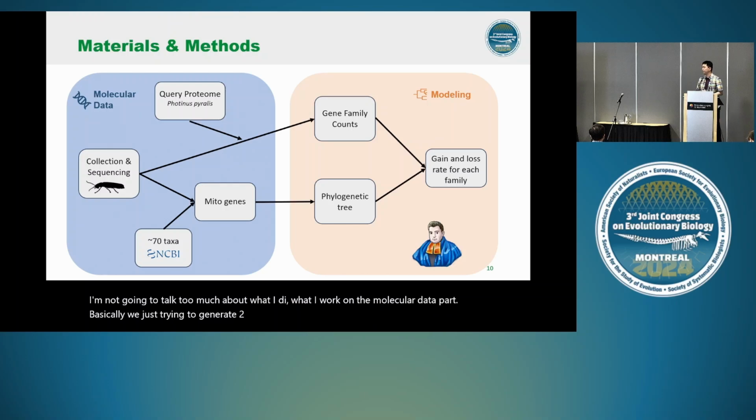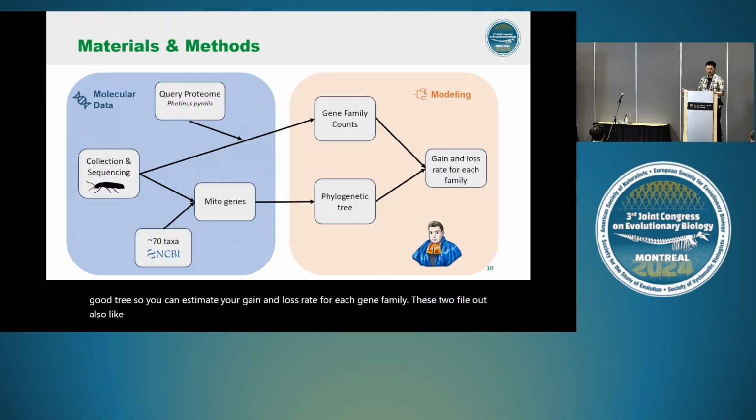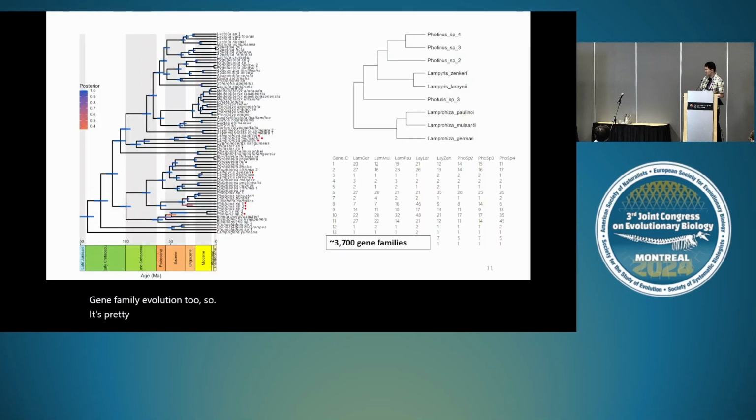One is the gene family counts, and one is a good tree, so you can estimate your gain and loss rate for each gene family. These two files are also commonly required by other gene family evolution tools, so it's pretty common. Here is basically what we have.